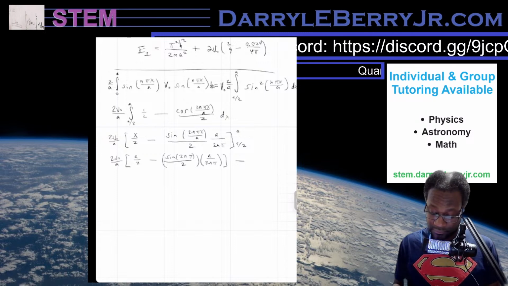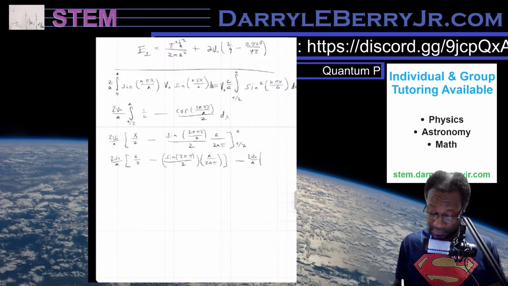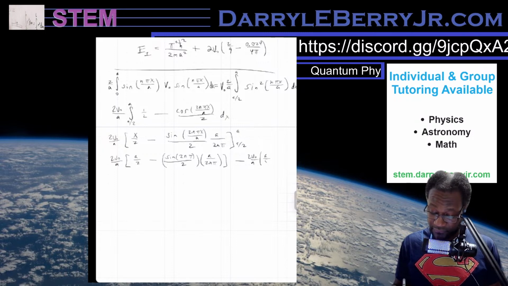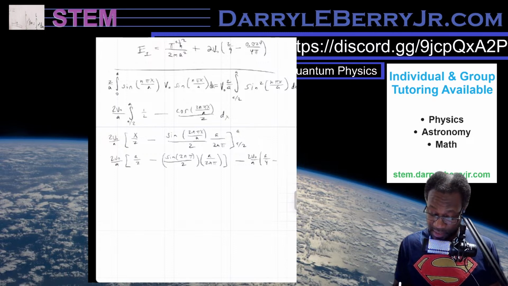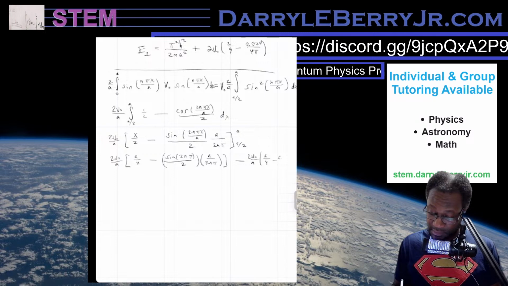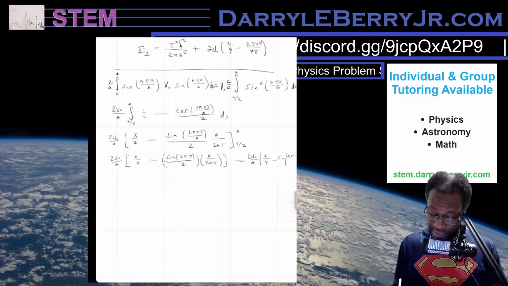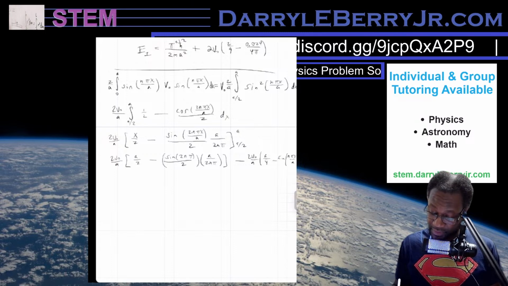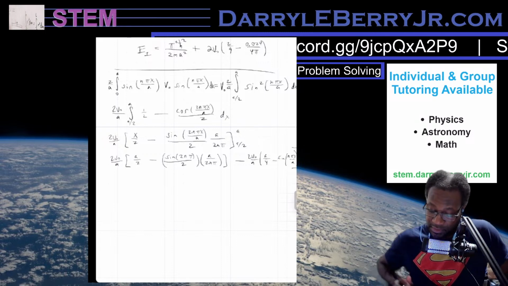So 2 V naught over a. And we still have a over 4 minus sine of n pi x over a. Right, so that's our two integrals if I did that properly.